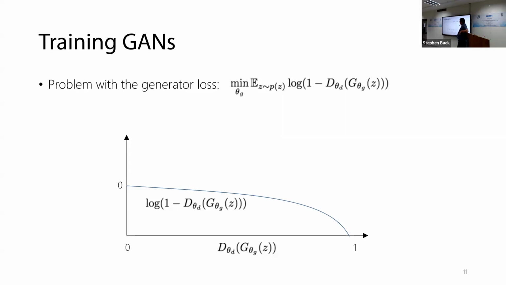Now, there's a problem with this graph shape, actually. The problem happens at the beginning of the training stage. At the beginning, the generator is not very good at doing things.